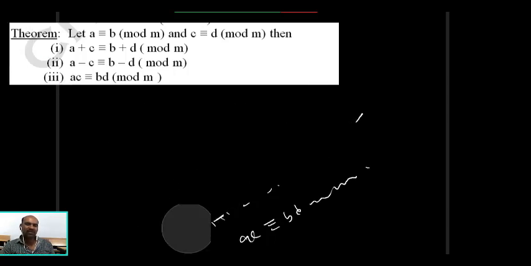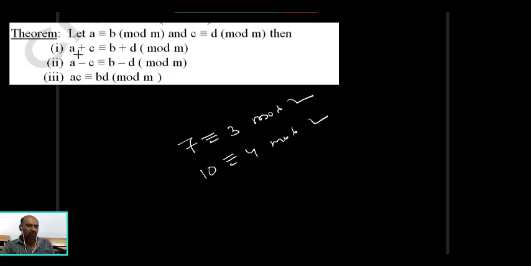Okay, now verification. For example, 7 is congruent to 3 modulo 2. Next, 14 is congruent to... bigger number, I will take a smaller number, 10 is congruent to 4 modulo 2. Both are correct.